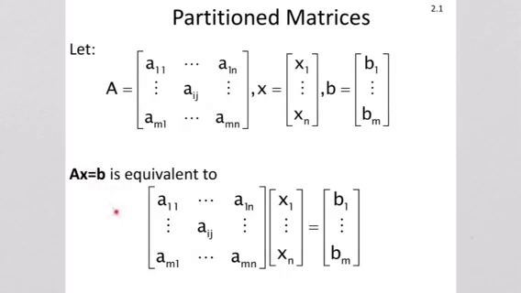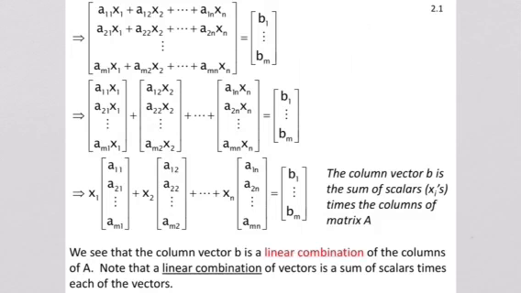This matrix equation is comprised of the matrix A, and we're looking for values of x1 through xn so that after we multiply our matrix A times our vector x, we get this vector B. Remember from matrix multiplication, it's the row of matrix A times the column vector x.